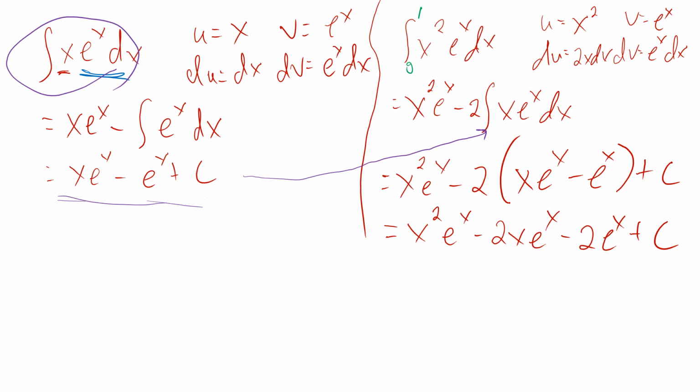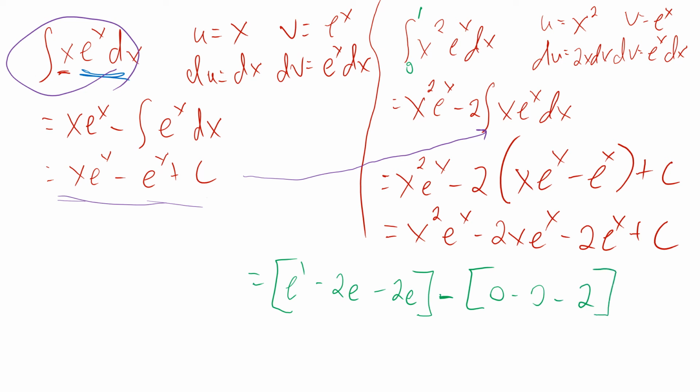So in this case, we would have 1 squared times e to the 1, so that's just e, minus 2e to the 1, which is just e, minus another 2e, right, minus plug in 0. That first one's going to be 0, minus 0, minus 2, because e to the 0 is 1.